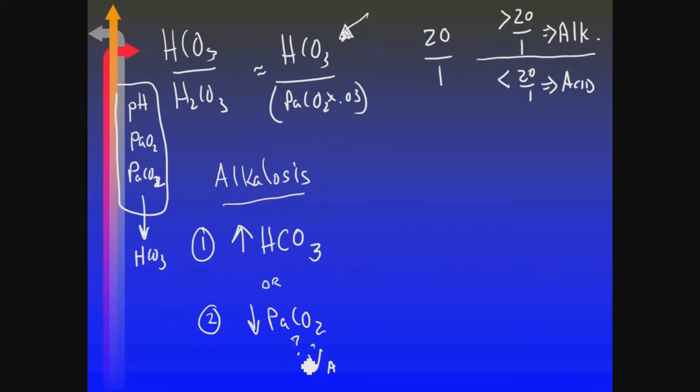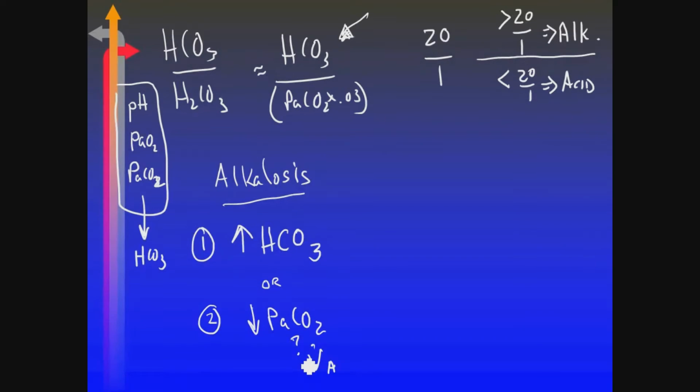The body's retaining bicarbonate ions for some reason. Without going too much in depth, there are some issues related to renal function that can cause that bicarbonate ion to increase.